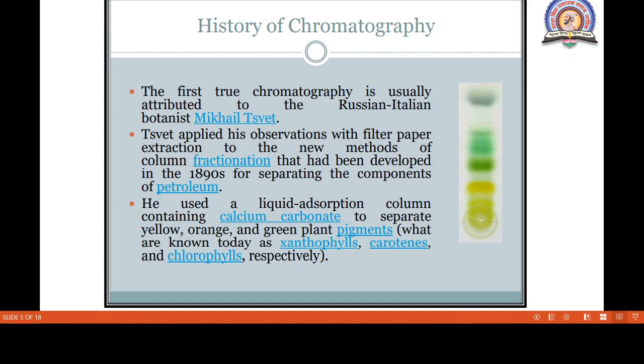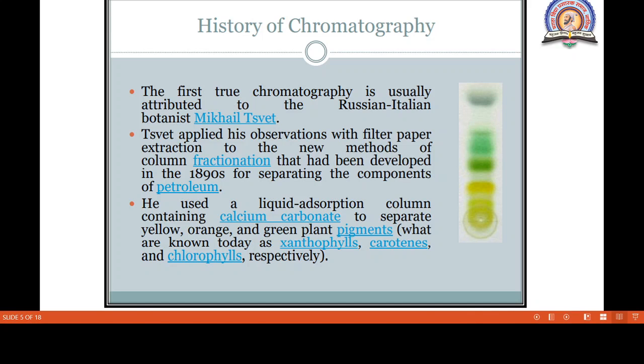Then we see the history of chromatography. The first true chromatography is usually attributed to the Russian-Italian botanist Mikhail Sweat. Sweat applied his observation with a filter paper extraction to the new method of column fractionation that had been developed in the 1890s for the separation of components of petroleum.